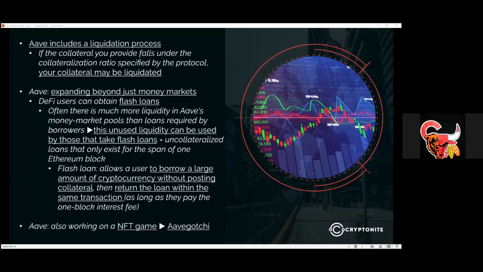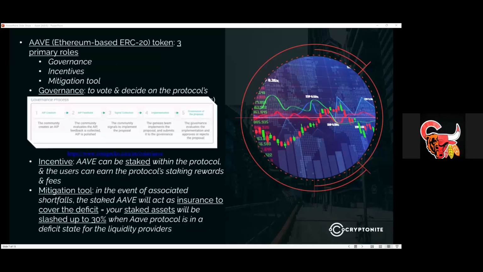And Aave is also working on an NFT game, Aave Gochi. So that's another cool thing that they have going on. Last thing is they have the token itself, which is an ERC20, has 3 primary roles. The governance, they ask very often their community to vote on different things. They do incentives, and they also use it for a mitigation tool.